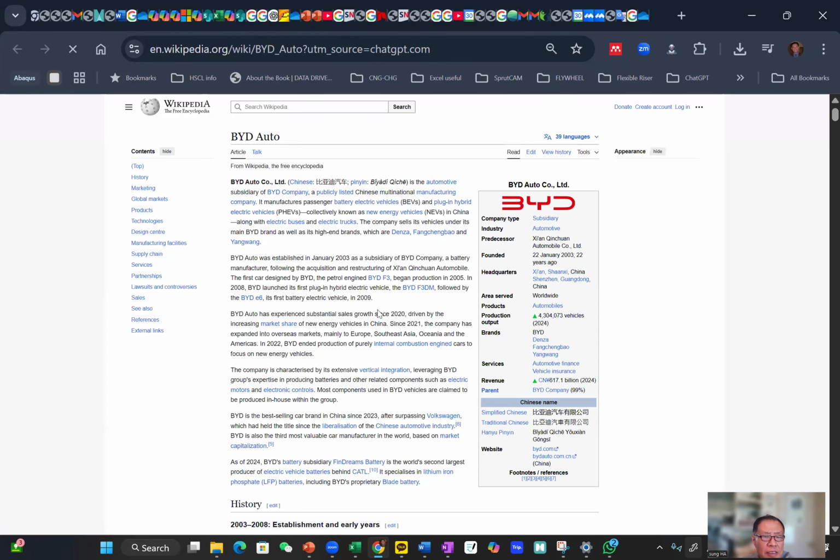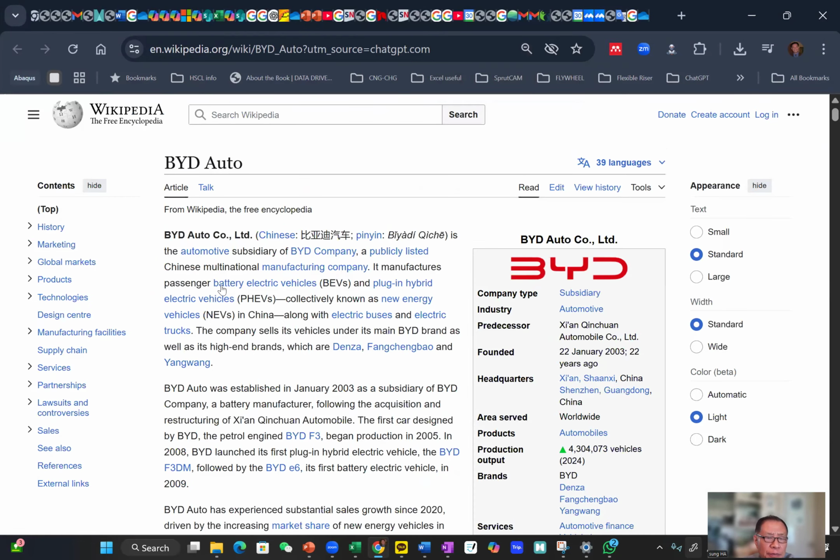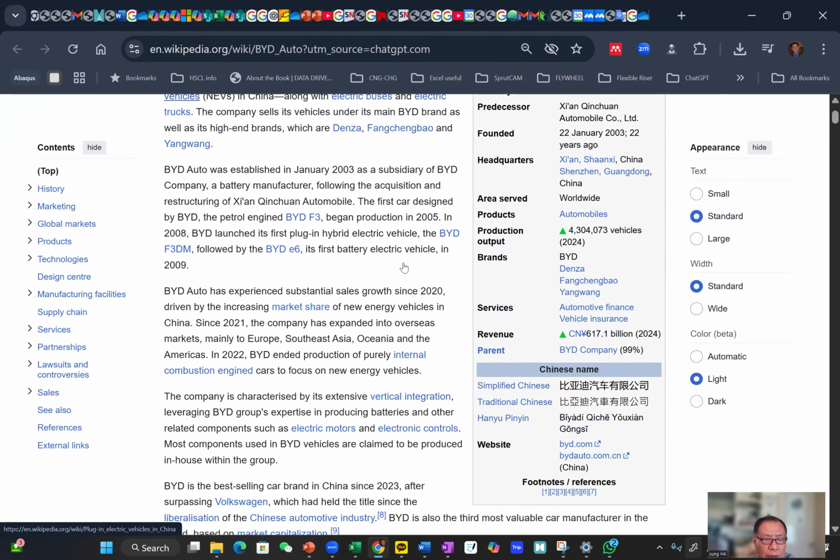I guess one of the most important points here is the blade technology.